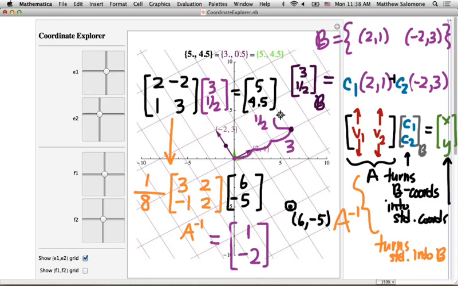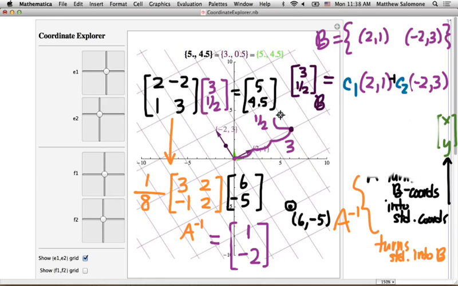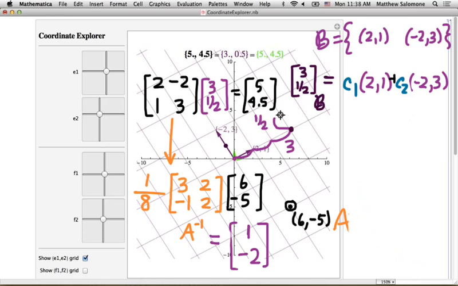And so, over here on the side, let's organize what we just attempted to prove here: we're claiming that the point whose standard coordinates are 6, negative 5 has as b coordinates 1, negative 2.